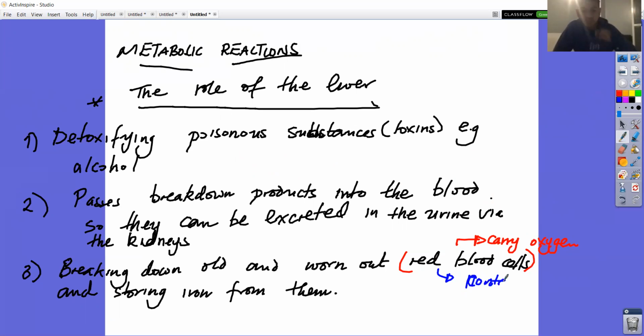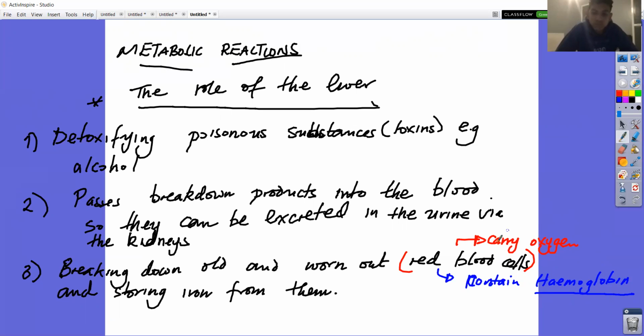Contain hemoglobin. Now, this hemoglobin combines with oxygen when the red blood cells get to your lungs. Okay, the oxygen, remember, diffuses into your lungs.